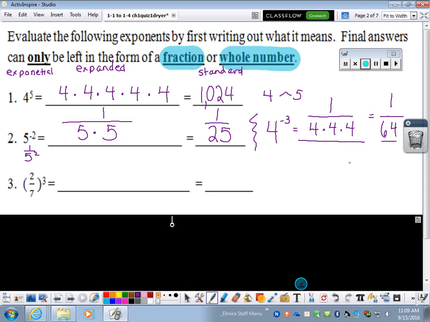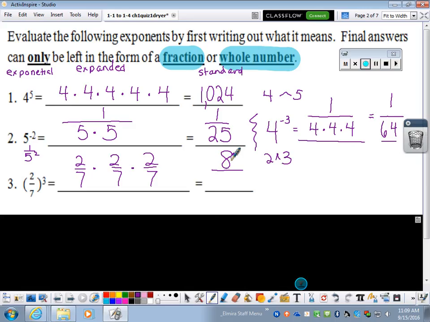Number 3, 2/7 to the 3rd power. Okay, 2/7 times 2/7 times 2/7. That's our expanded form. And if I multiply 2 times 2 times 2, or I can type in 2 caret 3, excuse me, I'm saying the answer instead of saying what you're typing in. 2 caret 3 and you get 8.